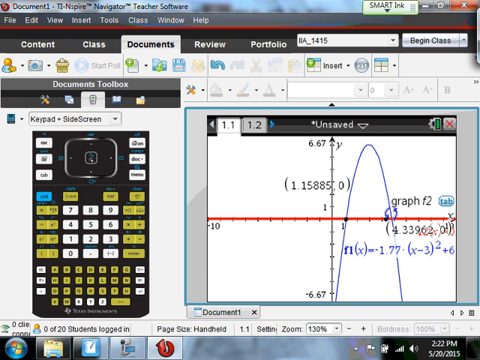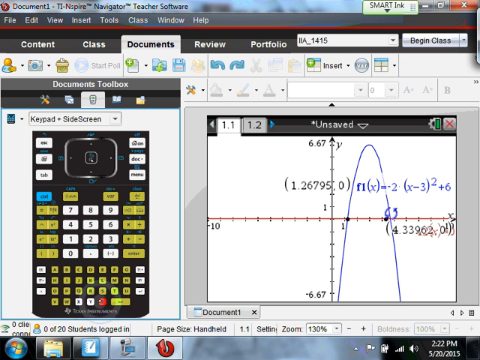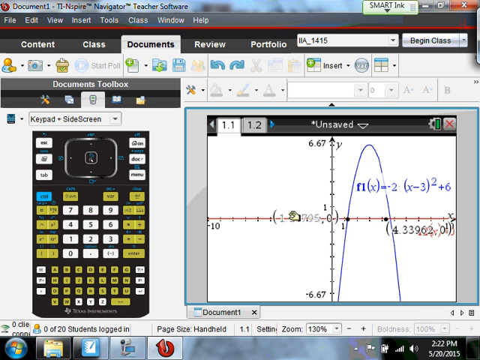Oh, dang it, I just totally screwed that up. There it is. That's better. So we got the other zero already? So we didn't even need to do that horizontal line. Wow. So we got the 2 zeros. The problem is those are going to be irrational, and those are going to be decimal approximations, right? But it still gave them to us.